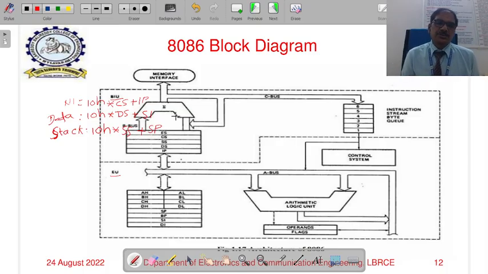With this, it can calculate the 20-bit address of the stack area. If it is a push operation, the specified register content will be stored on the top of the stack.